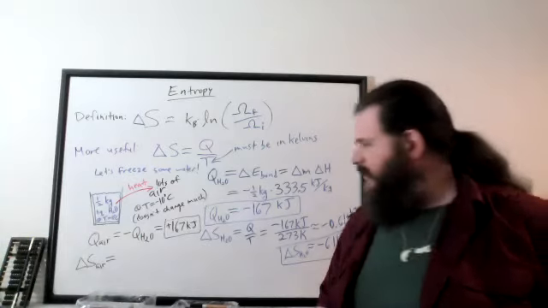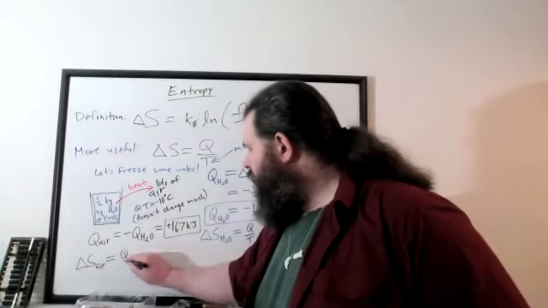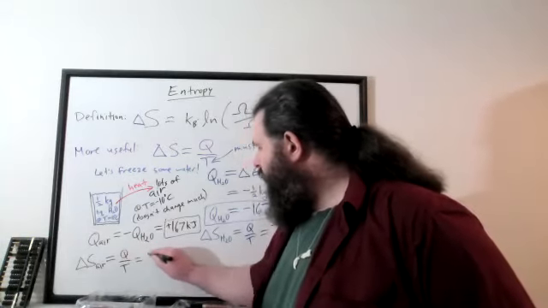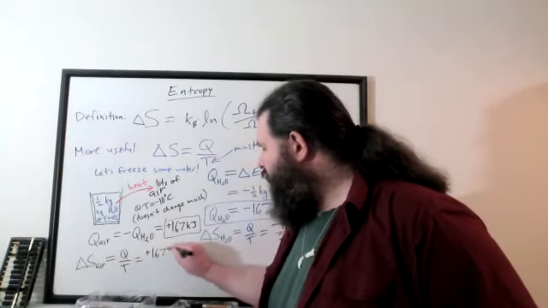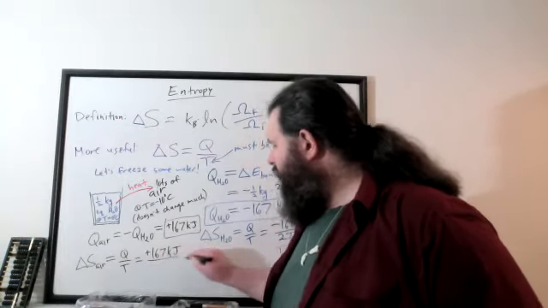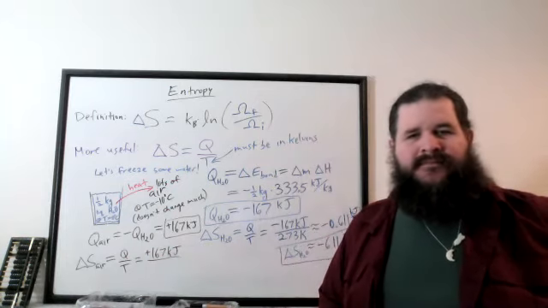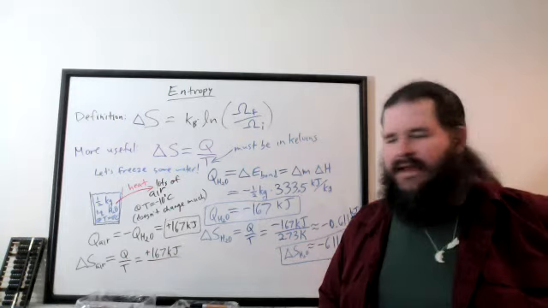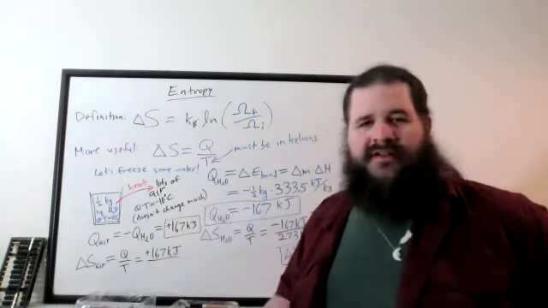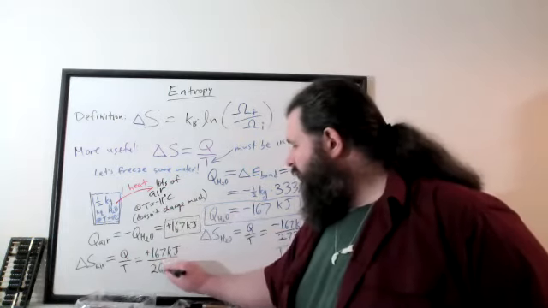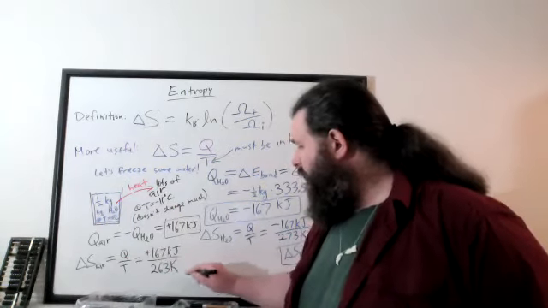We can just take the heat divided by temperature. So that's positive 167 kilojoules divided by, and what temperature should we use for the air here? Yeah, negative 10 degrees converted to Kelvin is 263 Kelvin. You just add 273.